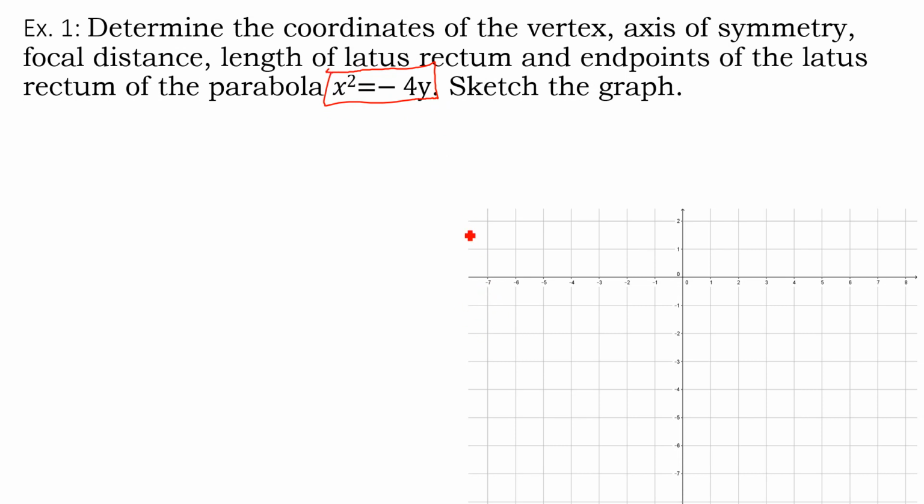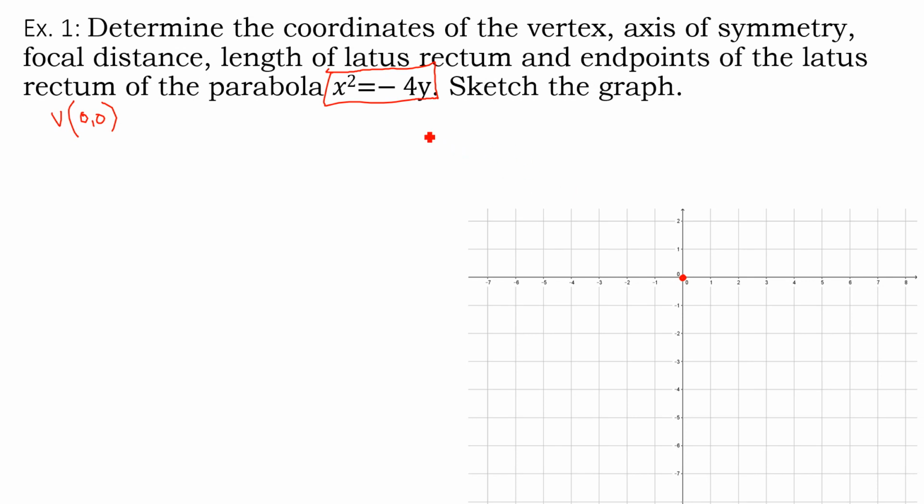In this case, the vertex is at the origin. Okay, now, since you have negative 4y, therefore, it's open downward.